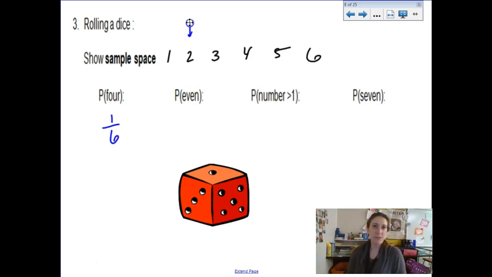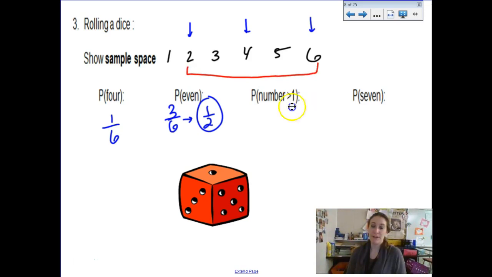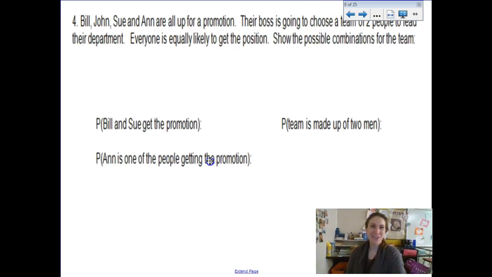Even number would be this guy, and this guy, so that would be 3 out of the 6, which we're going to reduce to 1/2. Now be careful here, probability of a number greater than 1. Don't include 1 in that count, so it would be 2, 3, 4, 5, 6. So 5 out of our 6 numbers. And then you're not going to roll a 7 on a 6-sided die, so there is a 0 probability of that occurring. I love those trick questions, huh?